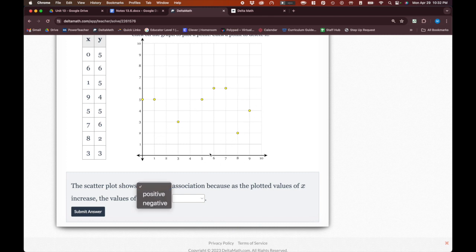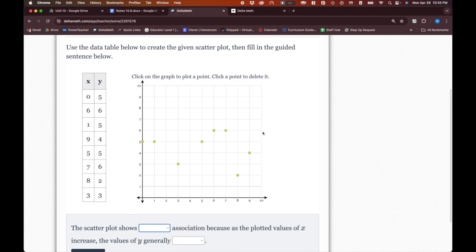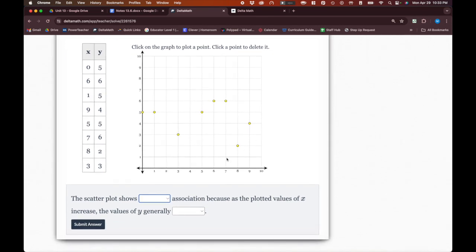And so we have to decide what this is going to be. Looking at this, if I'm thinking about my association here, what could we say that this looks like? Is it going up? Is it going down? I'm going to be honest, I have not a whole lot of idea here. It looks to me, though, like these two are up here, and perhaps our line might be cutting down through this.